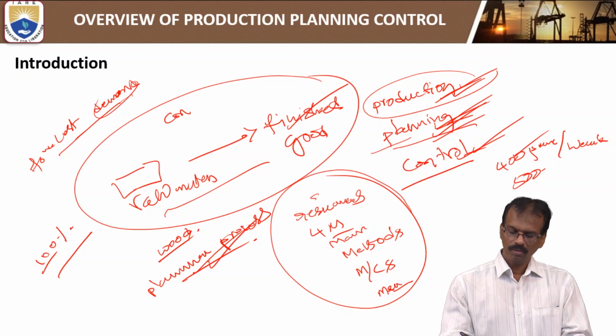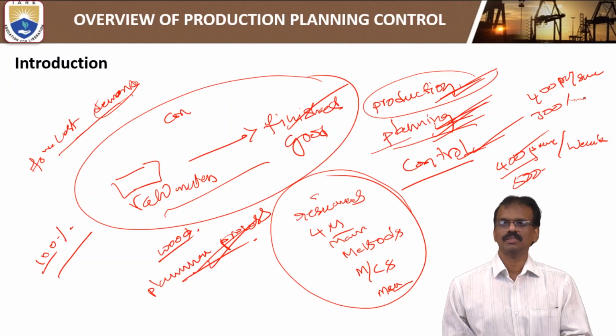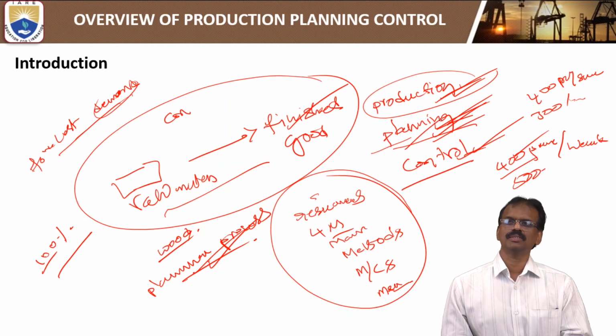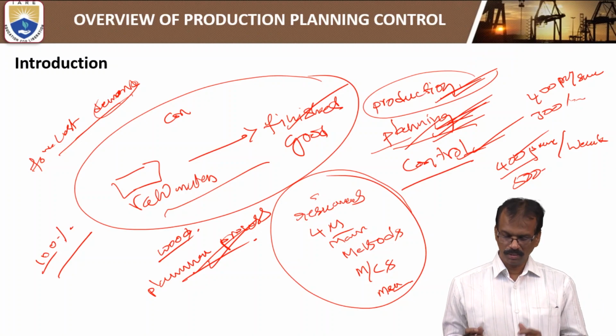Suppose as per requirement we need 400 pieces per week, but we are getting only 300 pieces per week. Then you have to improve the system. The ultimate goal of control is to reach the objectives that were planned in the production planning system. We can say that is the matching of the pre-planned and current plan. So that is the control.